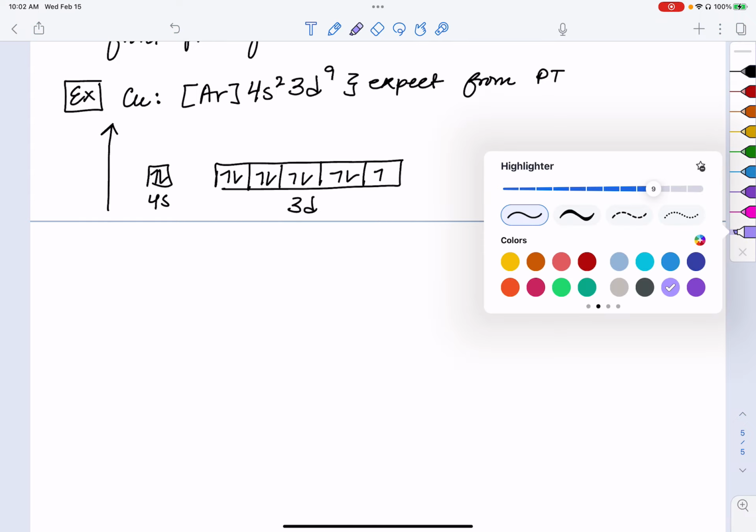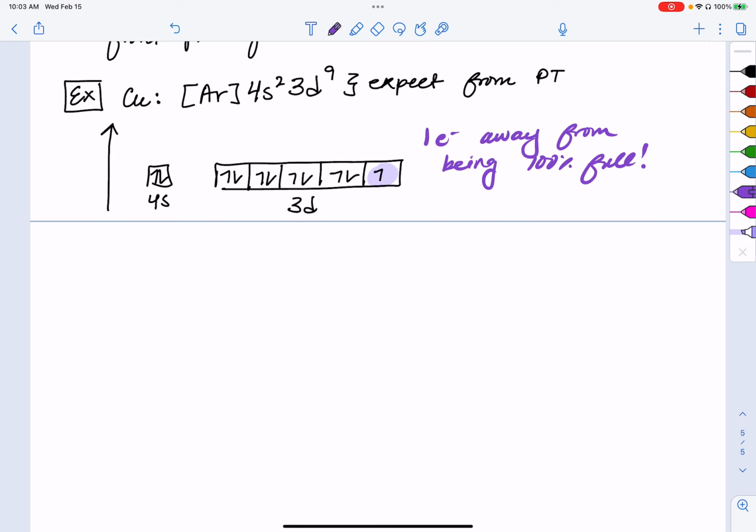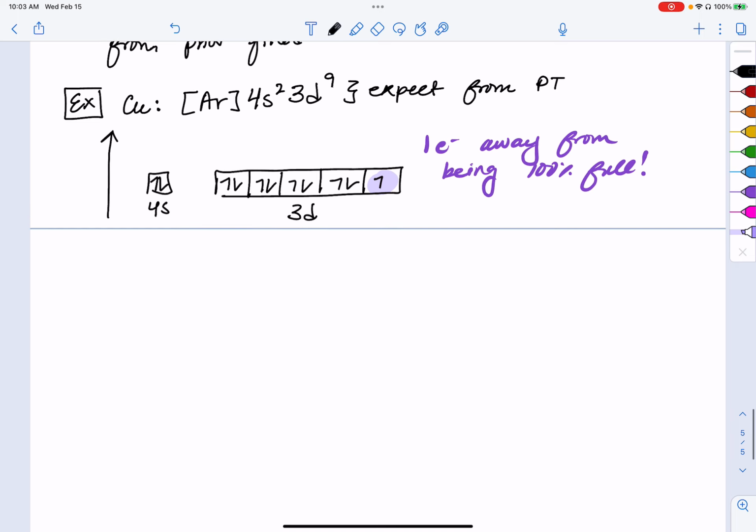which means that this is only one electron away from being 100% full, meaning its 4s would be totally full, and its 3d would be totally full. So the same thing happens.